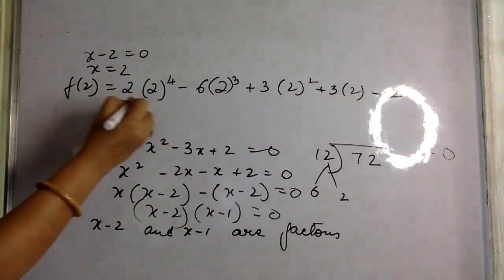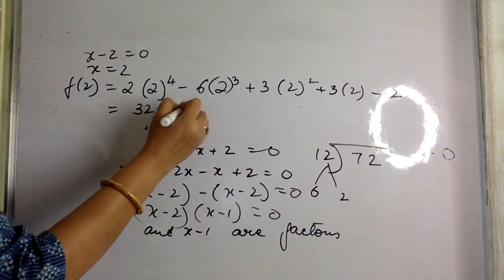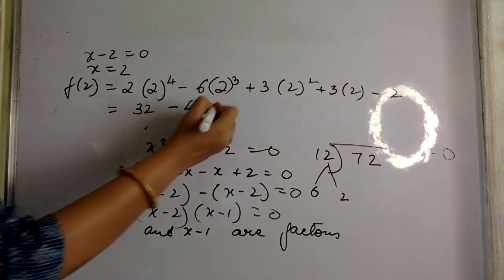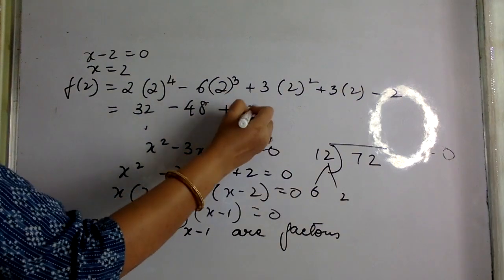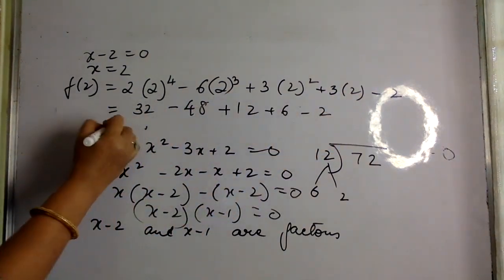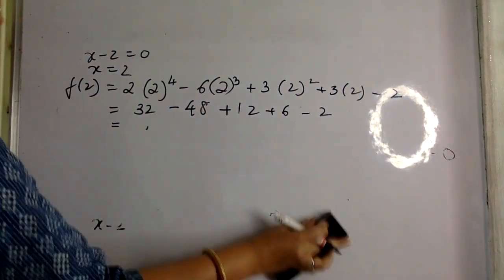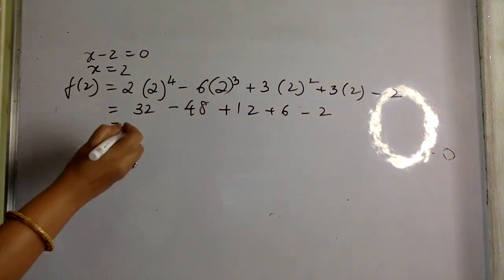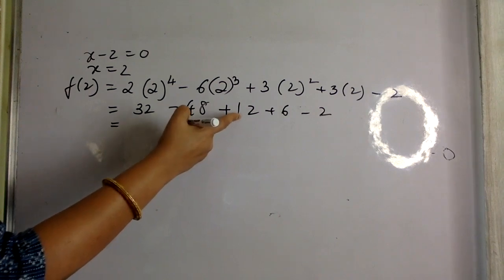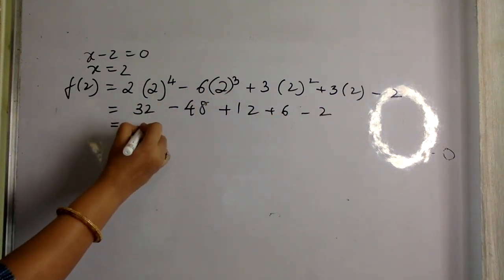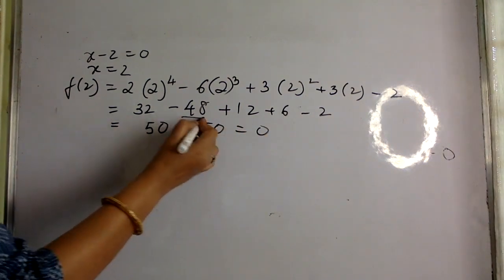Now this is 2 to the power 5, which is 32, minus 6 into 8, that's 48. Then plus 12, plus 6, minus 2. 32 plus 12 is 44, 44 plus 6 is 50, and 50 minus 50 has come to 0.